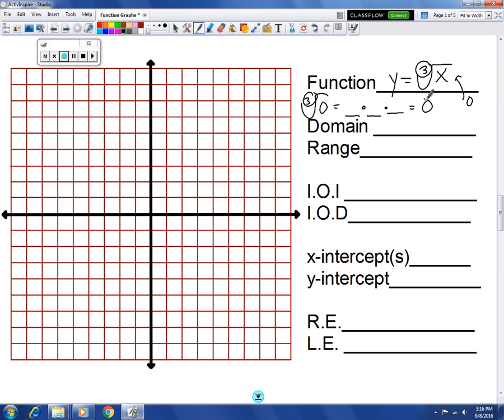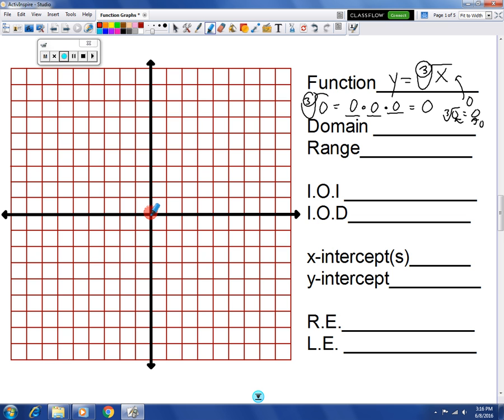And the number I put in those 3 blanks all have to be the same. So I can get it by doing 0, 0, 0. So the cube root of 0 is 0. When I substitute in 0, I get an answer of 0. So 0, 0 is a point on this graph.